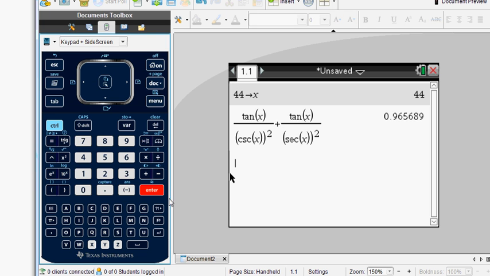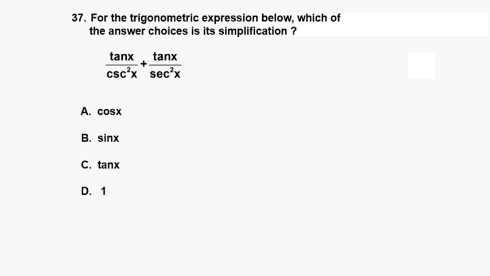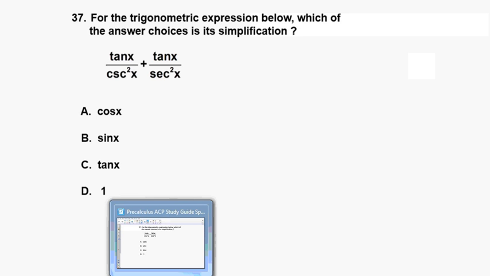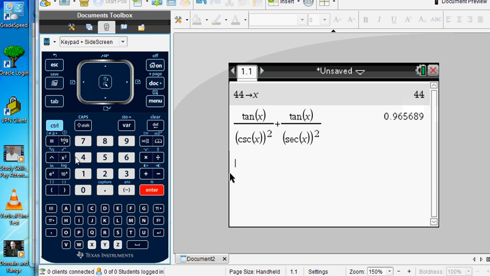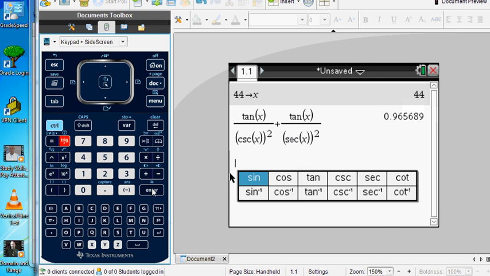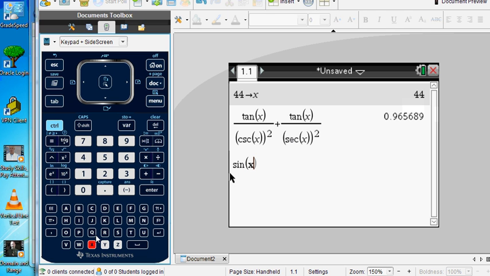And we get this number, 0.965689. So let's go to our answer choices. We can try cosine x, sine x, and tangent x to see if we get the same thing. I already know what the answer is, just from my understanding of what reasonable answers are.